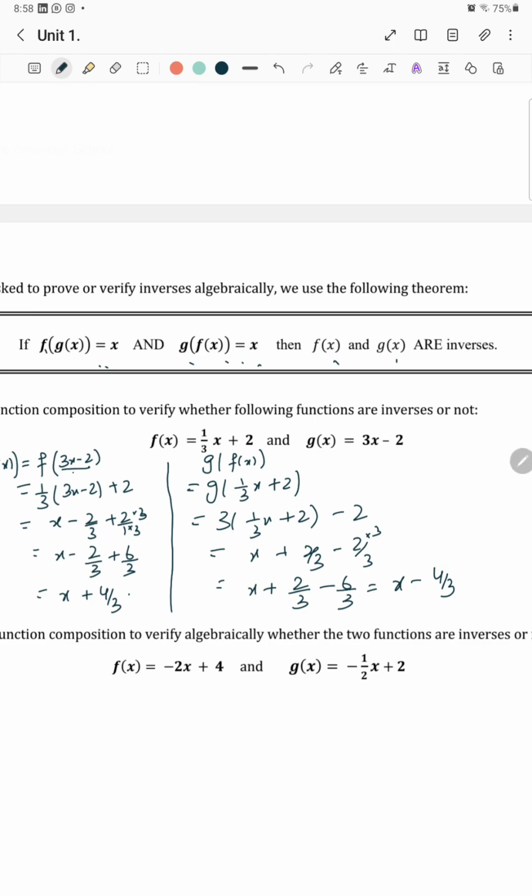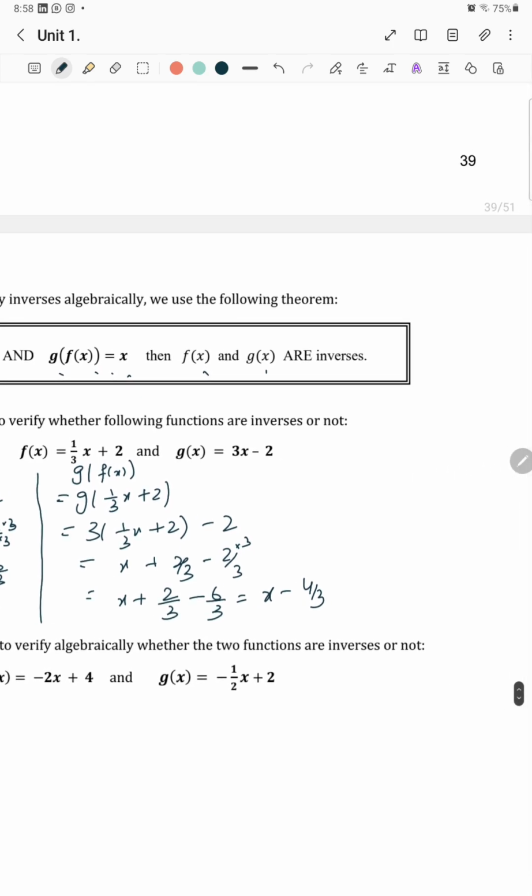So they are not equal, so f(x) and g(x) are not inverses.